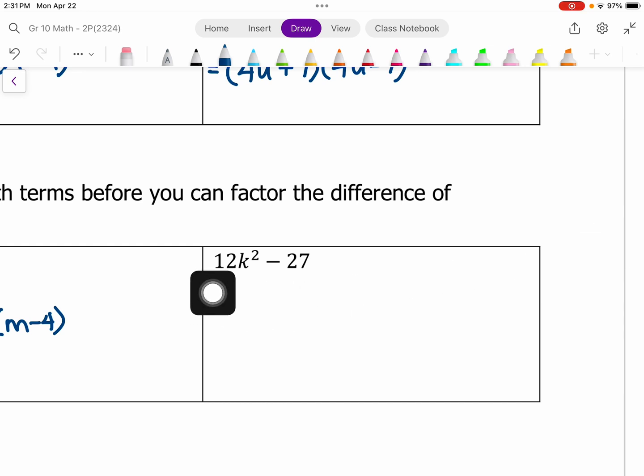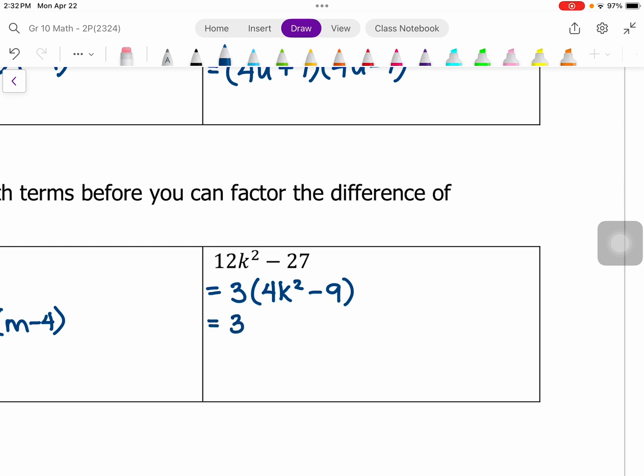So 12 is even, it can be divided by 2, 27 is not, so we can't factor 2 out. 12 can be divided by 3, so can 27, so let's try to factor that out and see if we're left with perfect squares. So 12 divided by 3 is 4, so I have a 4k squared left. 4 is a perfect square. And 27 divided by 3 is 9, and 9 is also a perfect square, so this will work.